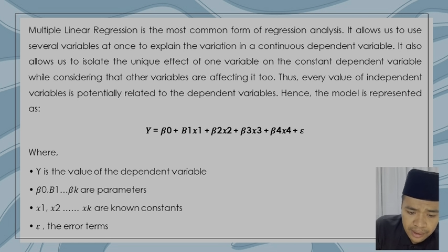Thus, every value of the independent variables is potentially related to the dependent variable. Y is the value of the dependent variable. B0, B1, Bk are parameters. X1, X2, Xk are known constants.